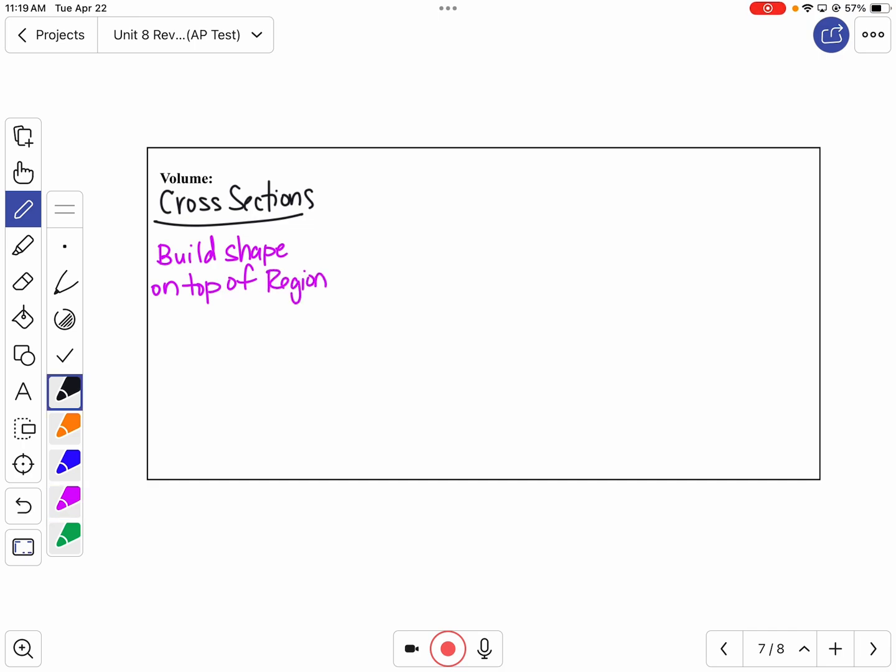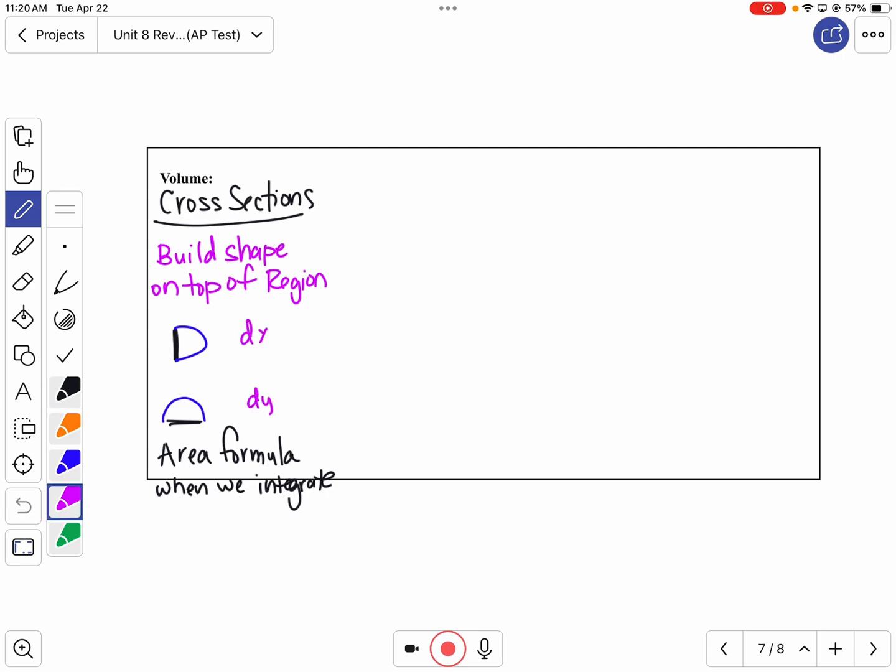Again, it could be vertical and I build something out, or horizontal and I build something up. So we use an area formula when we integrate. If it's horizontal, we'll use dy. If it's vertical, we'll use dx.